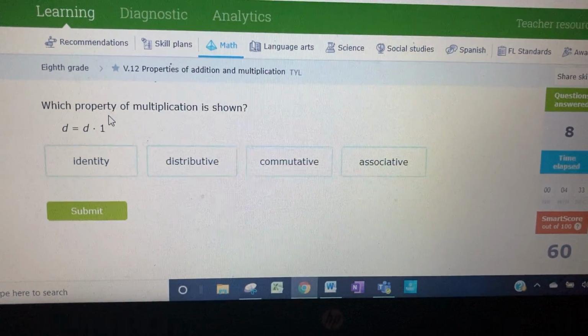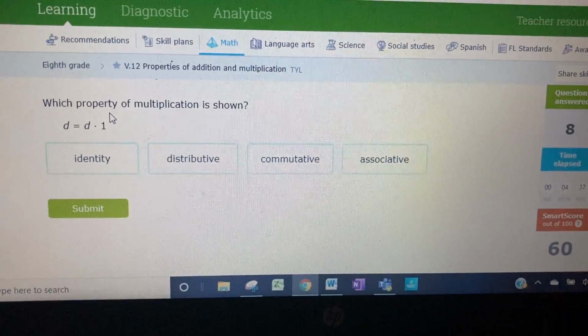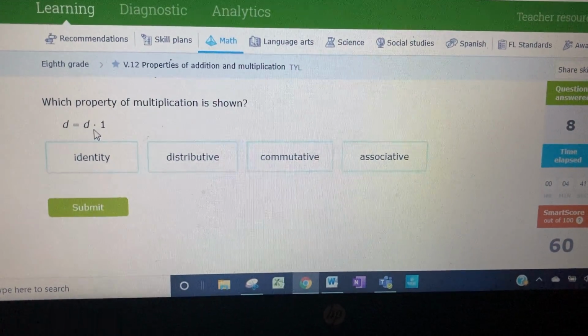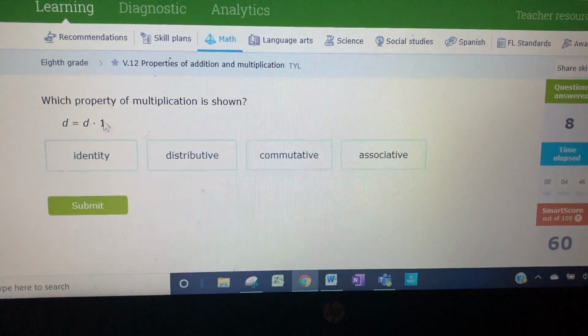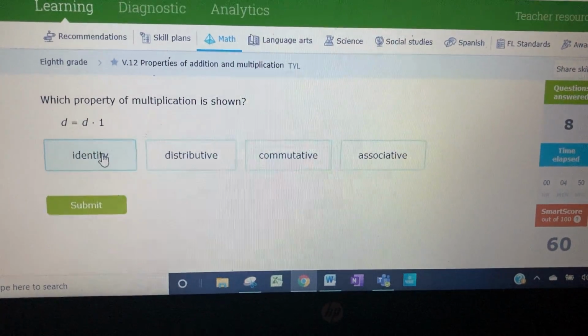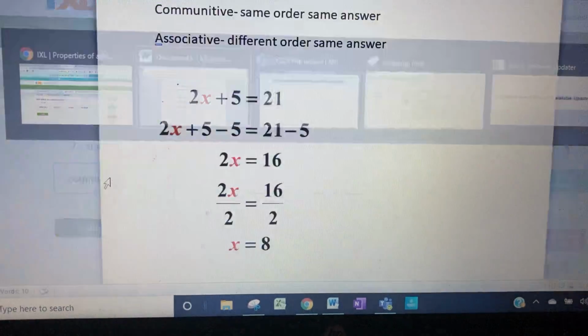All right, here's an identity. Identity is basically when you start with something and add 0, which doesn't change it, or multiply it by 1. If they take D and multiply it by 1, it's still D. If you took D and added 0, it would still be D. So that's identity.